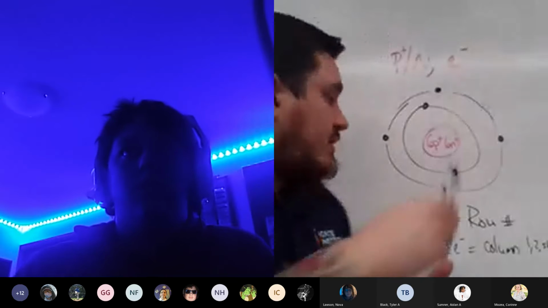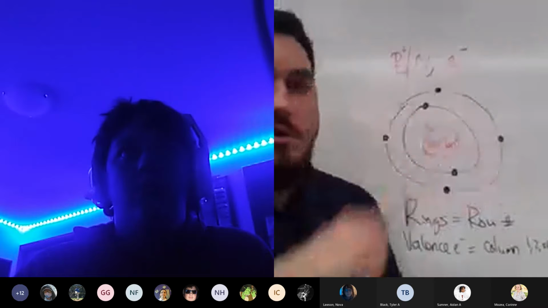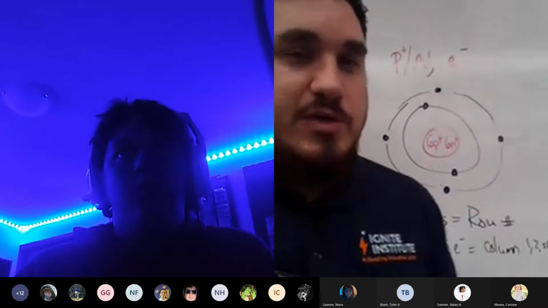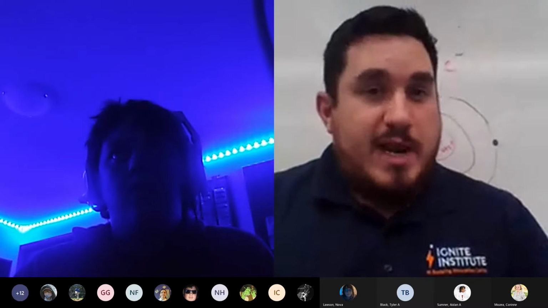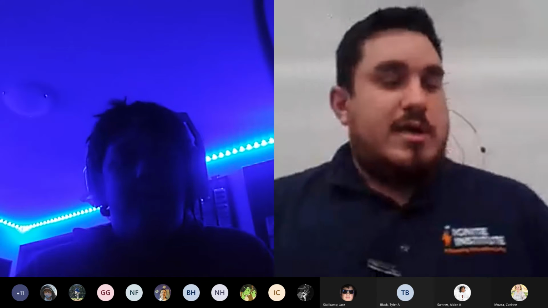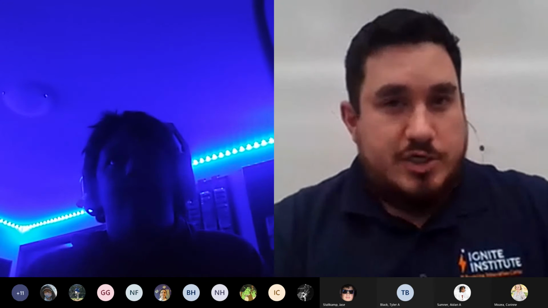We want to make sure we have the protons and neutrons in our drawing and the right number of rings, and then go from there. So what I'm going to ask you to do today is go into breakout groups and help each other draw these Bohr models on the worksheet.